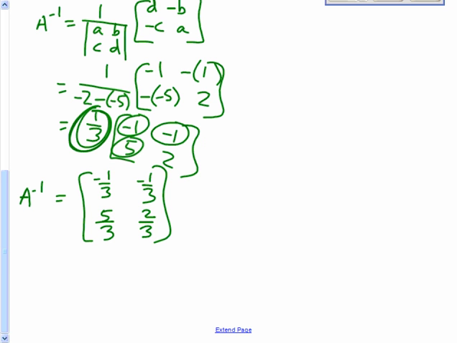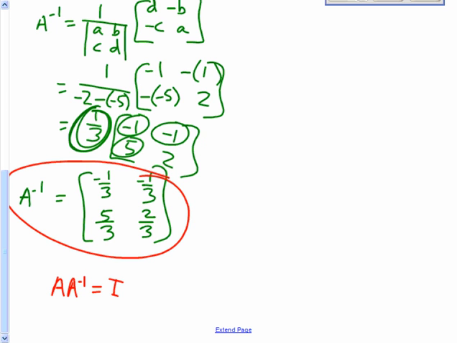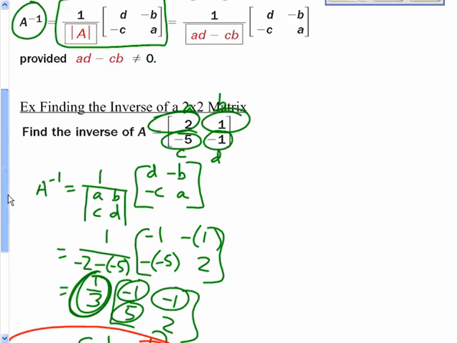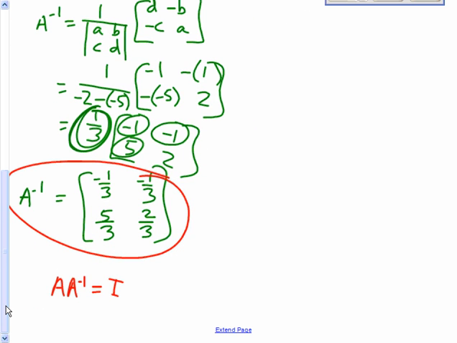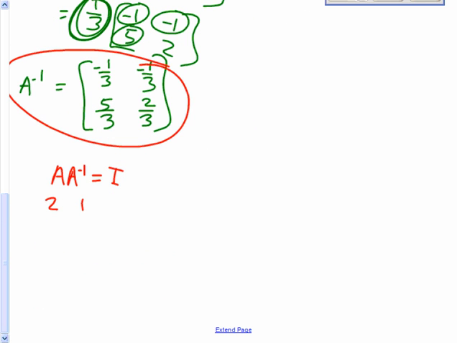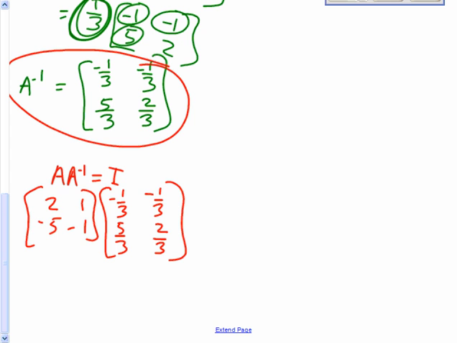Now that we found A inverse, this is saying if I took the A times A inverse, I should end up with the identity matrix. Our original A was 2, 1, negative 5, negative 1. If I multiply that by my A inverse, negative 1/3, negative 1/3, 5/3, 2/3, and I go through this process, you remember this stuff from last time.